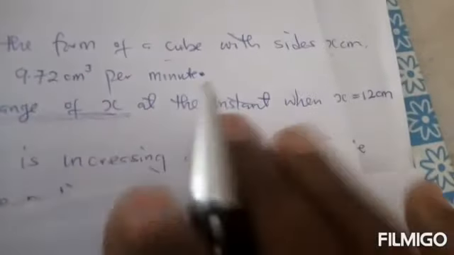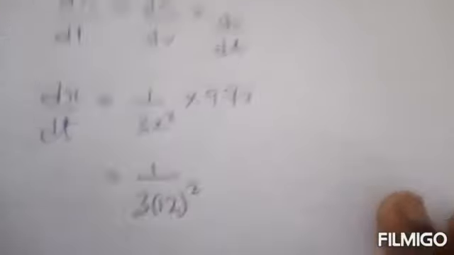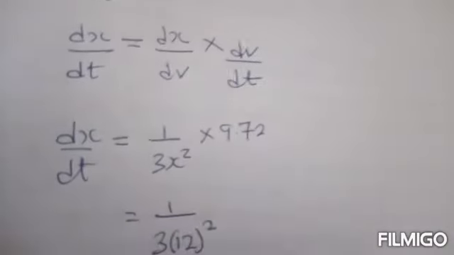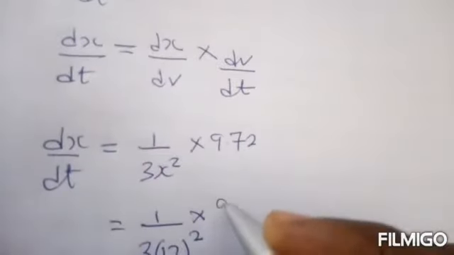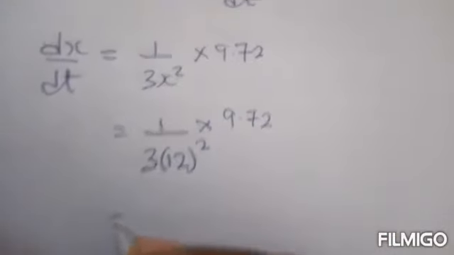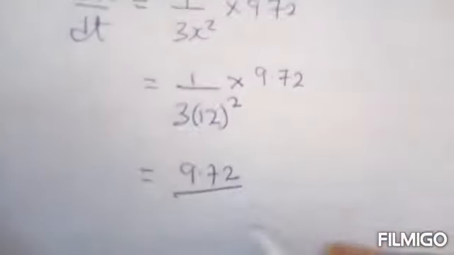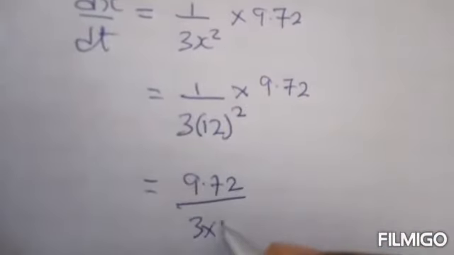If you check your question, at the instant when x is 12. Now multiply by 9.72, so this is 9.72 over 3 times 144.